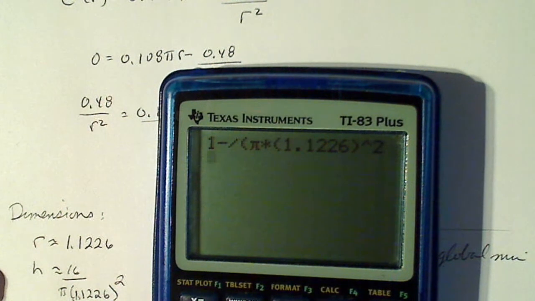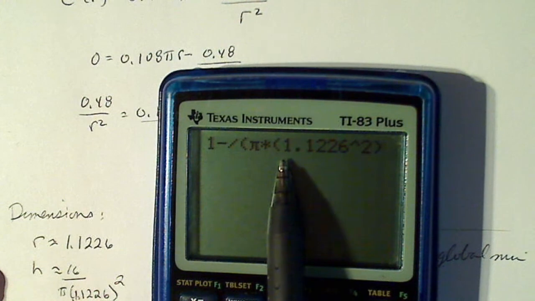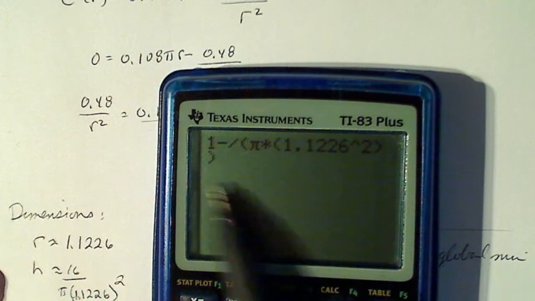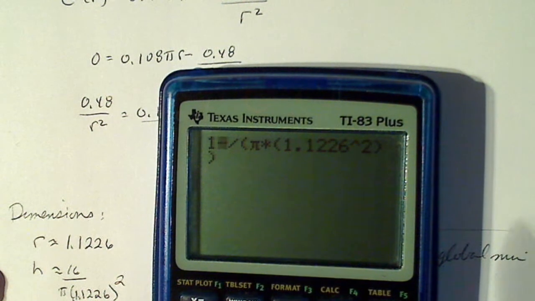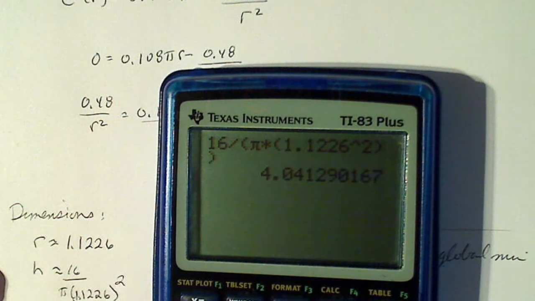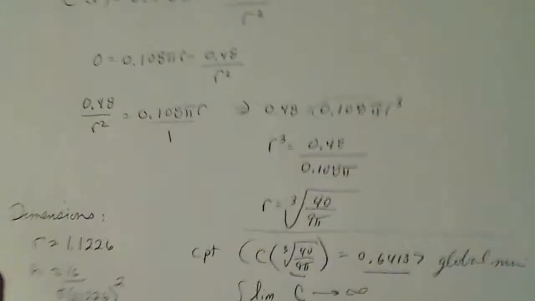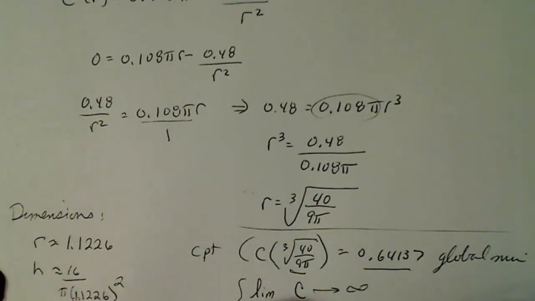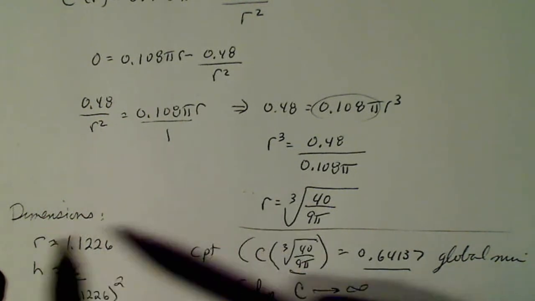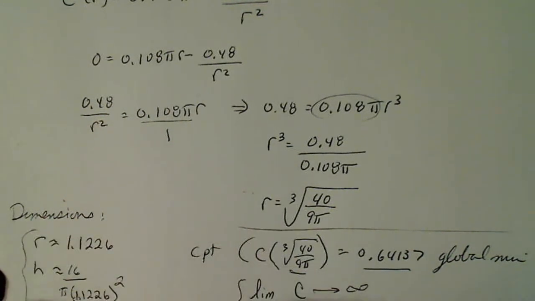Well, let's do it this way, just to make sure we don't do anything silly. Let's delete that. And then that. So that closes off that. I need one more to close off that guy. And this should be 16 here. So my height is going to be 4.0413. So h is 4.0413. So those are the dimensions that minimize the cost of the can.